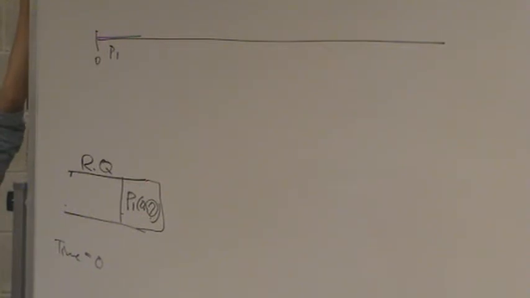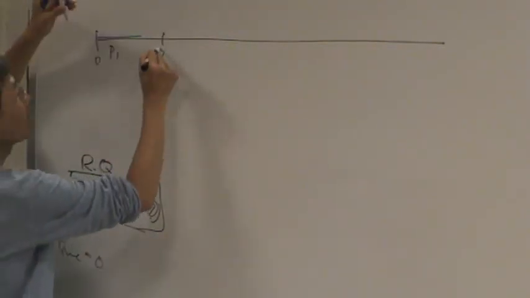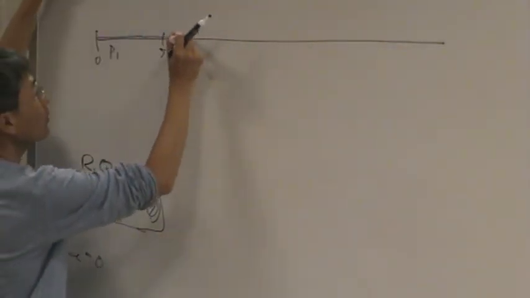Even though there is an event, we talked about the 4 plus 1 events: running to ready, running to waiting, waiting to ready, terminate, and new to ready. Even though there is an event, we do not stop the current process. So it will take the CPU resource up to 7.